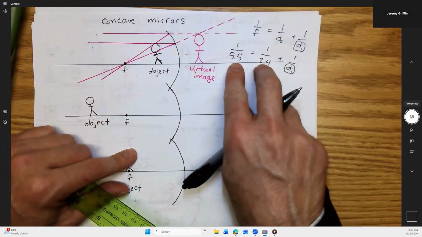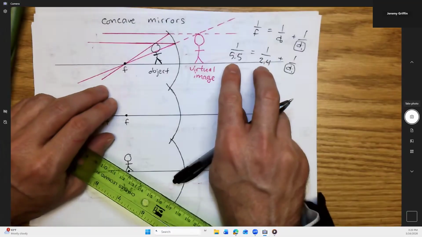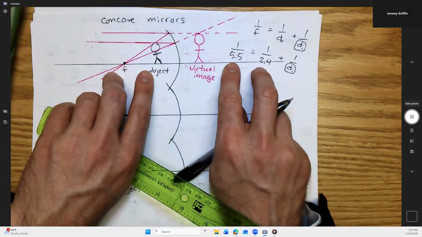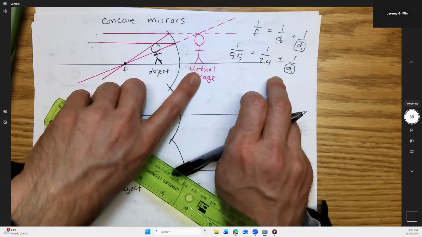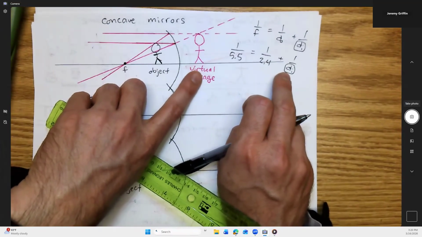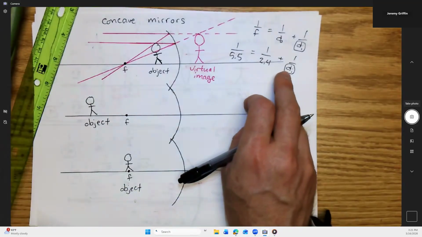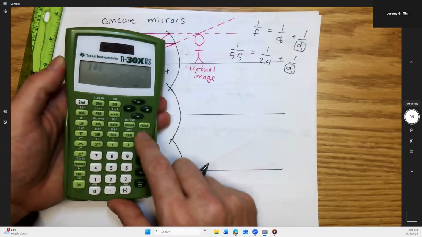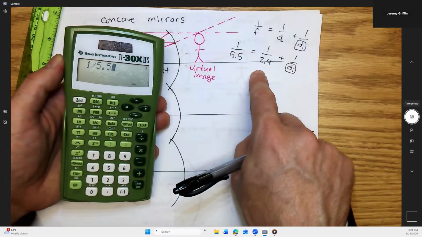And these are both positive. Guys, shouldn't these both be positive because they're both on the front side of the mirror? But for DI, should I get a positive or a negative number? Negative, because it looks like the image is on the other side. So here, I'm going to do some algebra in my calculator. I'm going to go 1 over 5.5. What's the next thing I should type?